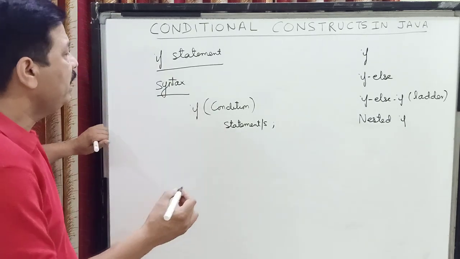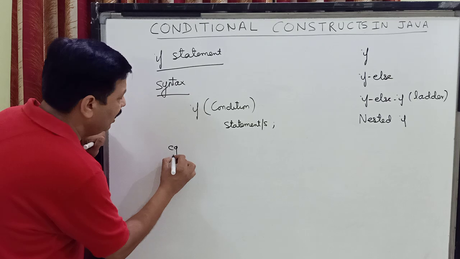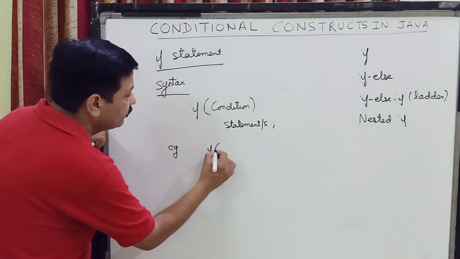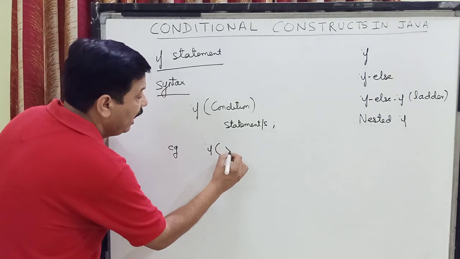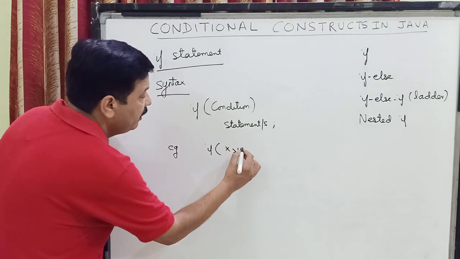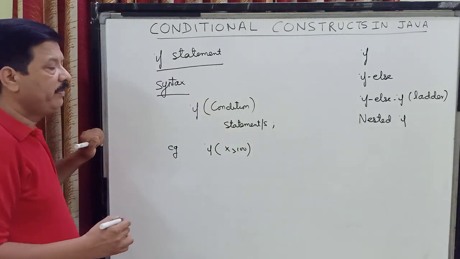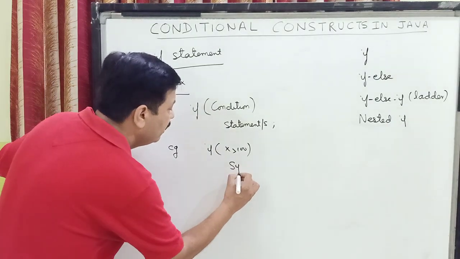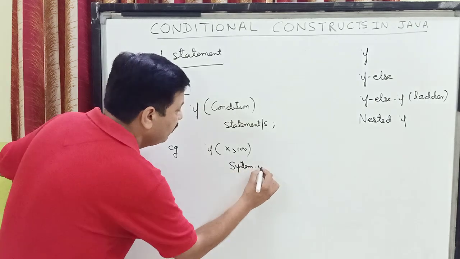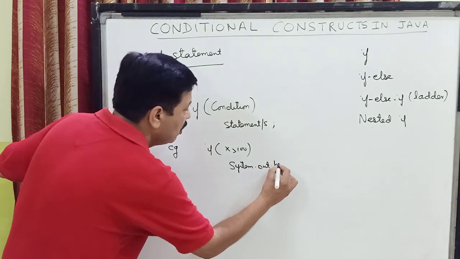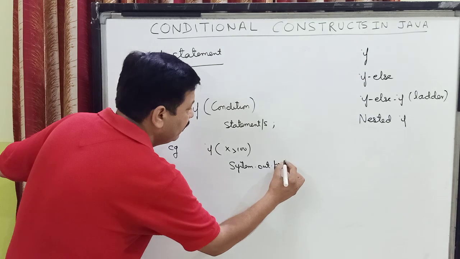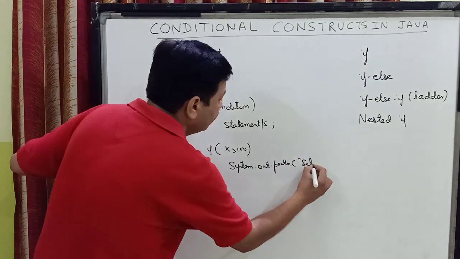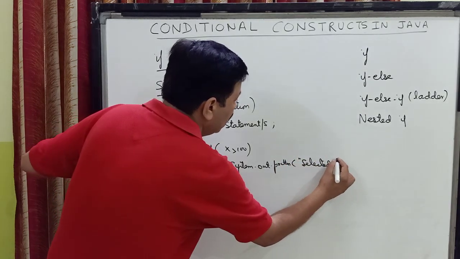So children, let me use it with an example. Say x is greater than 100. If x is greater than 100, then I print System.out.println("selected").